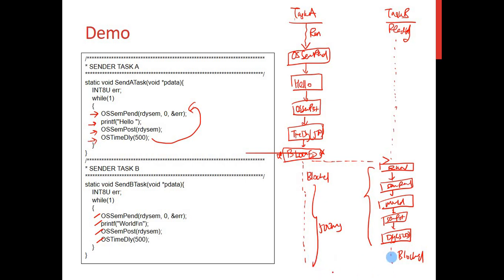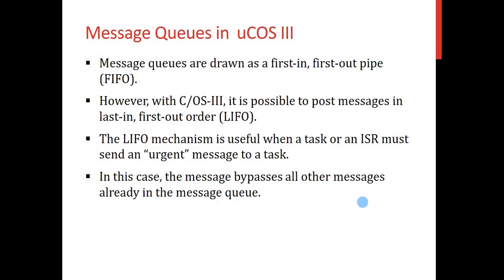So there will be a period where both task A and task B are blocked, but because task A called the delay first, it will come out of the delay first. Task A will eventually resume and go through the whole process again. Similarly, task B will also come out, but it cannot resume yet because at that point maybe task A is running. Okay. Now let's look at message queues in Micrium µC/OS-III.